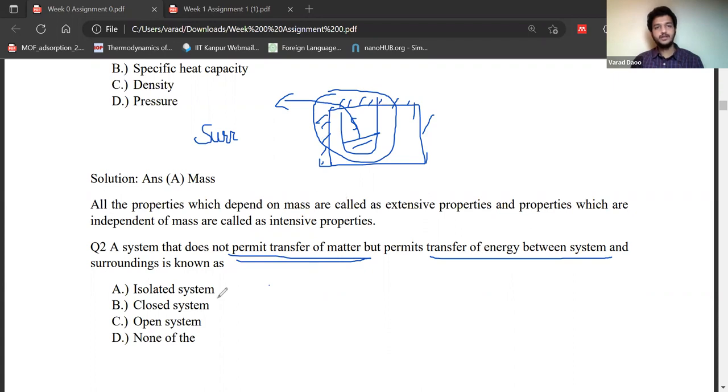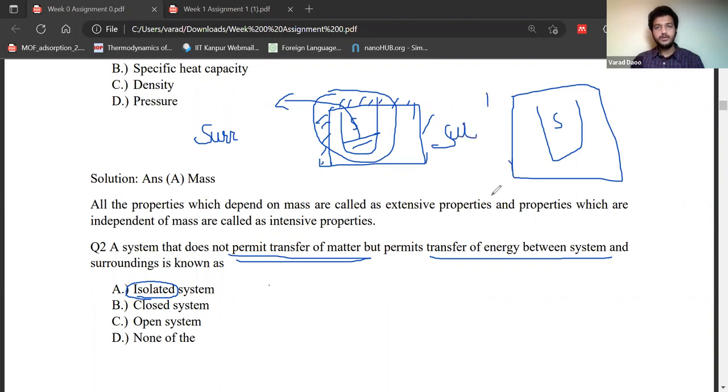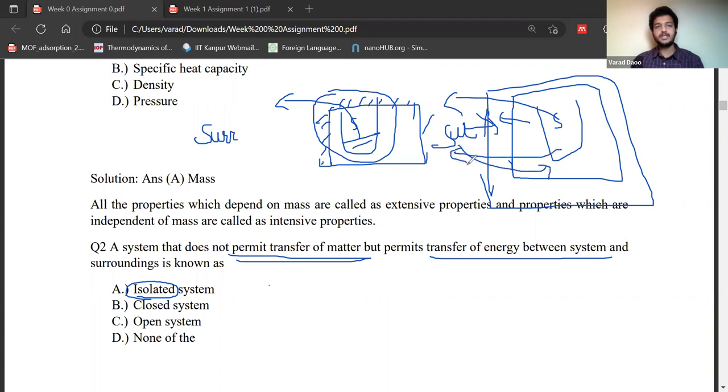So let us first understand what an isolated system is. From the name you can say it is isolated. We consider this the system and this the surrounding, and there is no interaction between system and surrounding. Neither does mass pass from system to surrounding, nor vice versa, nor is energy transmitted in the form of heat or anything.